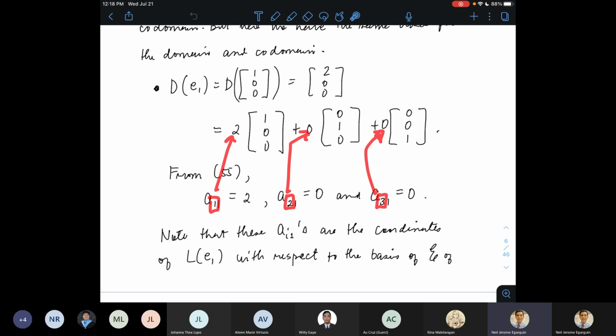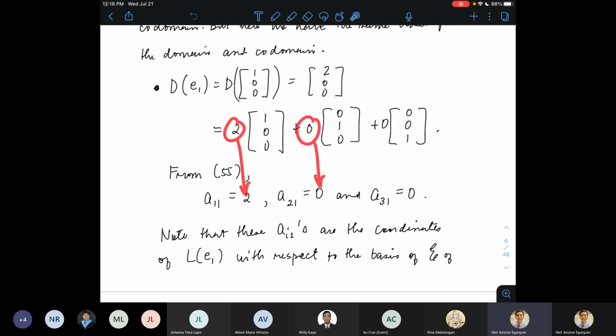So the image of E1 I can write as 2 times the first basis element of W plus 0 times the second basis element of W plus 0 times the third basis element of W. And that's why A11 turned out to be 2, A21 turned out to be 0, and A31 turns out to be 0.